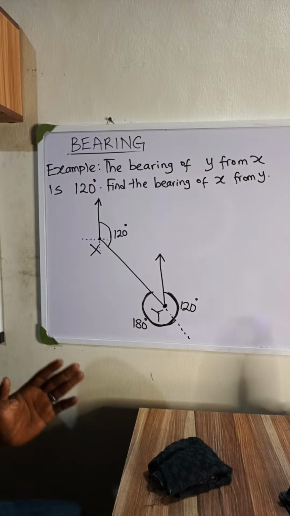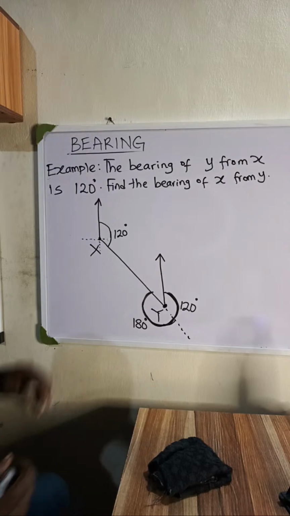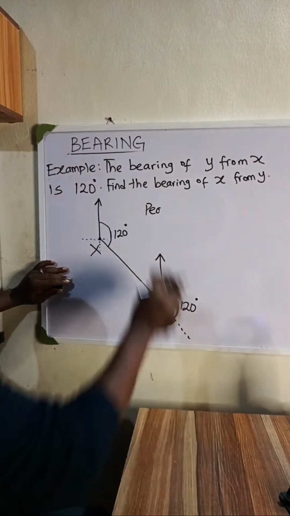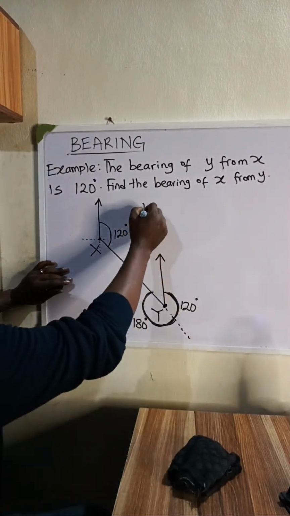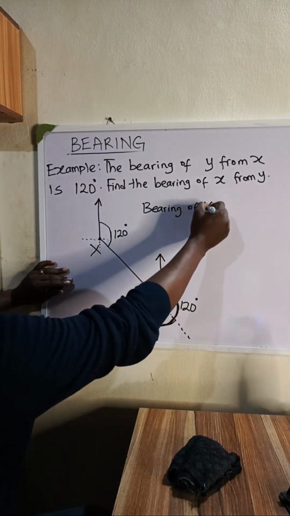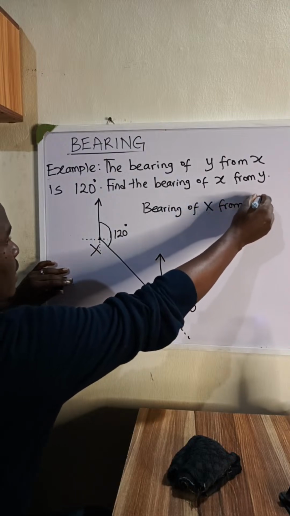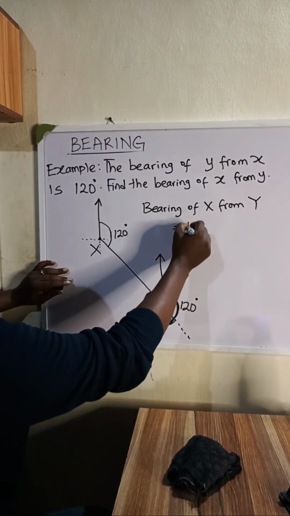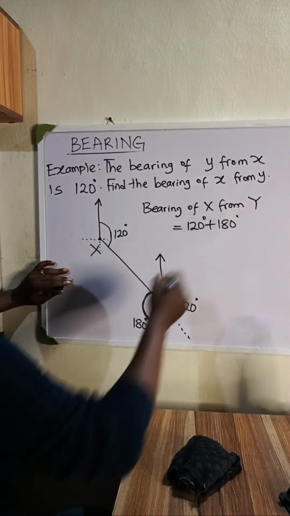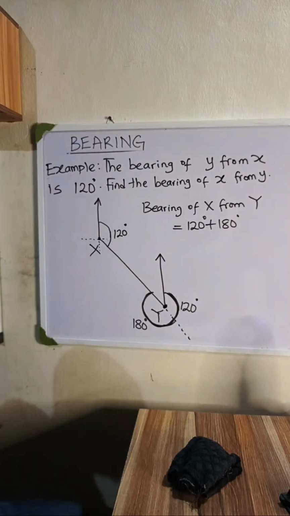Because it's a clockwise turn. So bearing of X from Y is equal to 120 degrees plus 180 degrees.